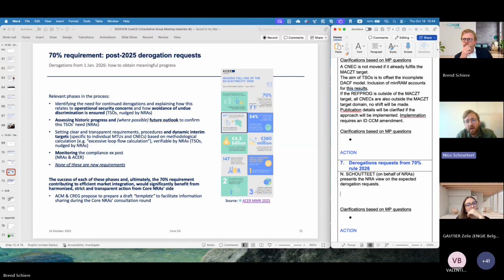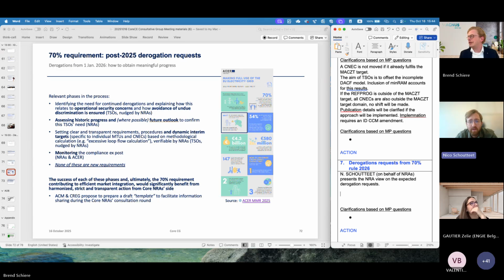Then obviously, in order to avoid that we just establish the status quo for the next couple of years, we have to look at what we have done in the past. We have to look at derogations that have been issued in the past and learn from that. We have to really check whether or not the derogations in the past have led to meaningful progress.